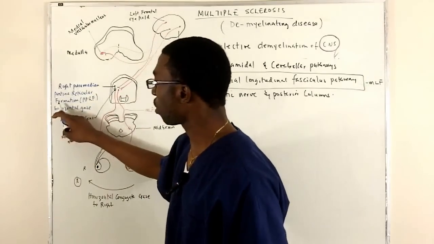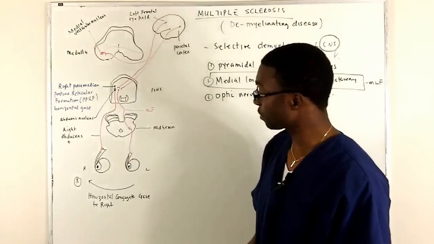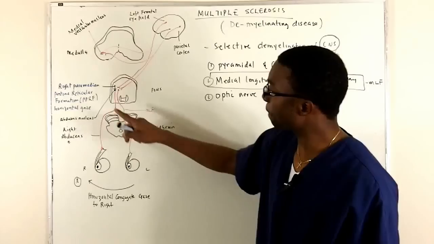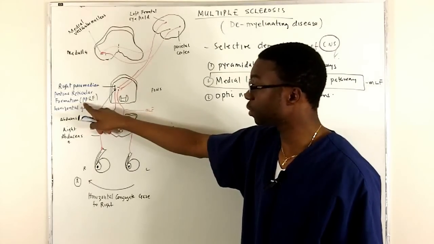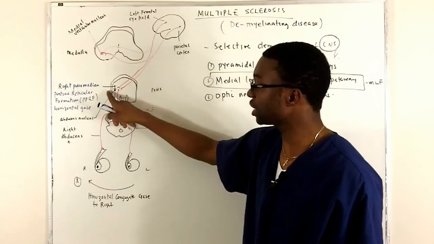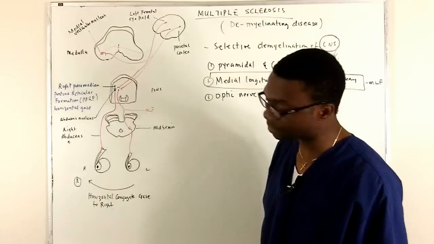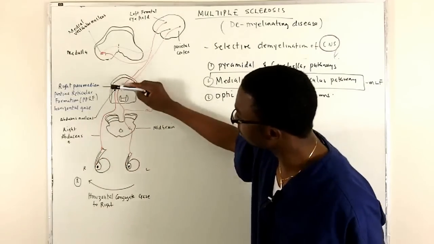It's also called the horizontal gaze center. Now, I want us to follow this pathway very closely, because the PPRF is going to be connected to the abducens neurons. So now let's follow this.